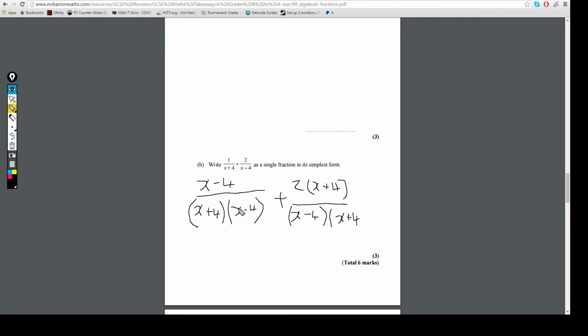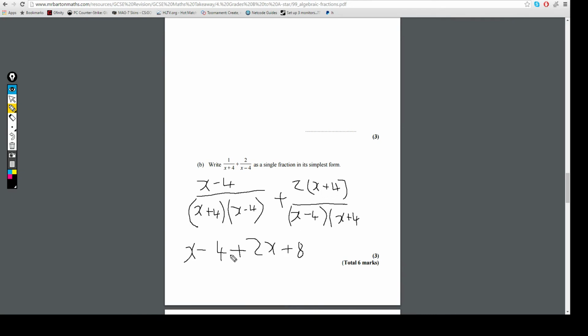Okay, so we're going to expand this first, and so the top will be x minus 4 plus 2x, because 2 times x is 2x, and 2 times 4 is 8.